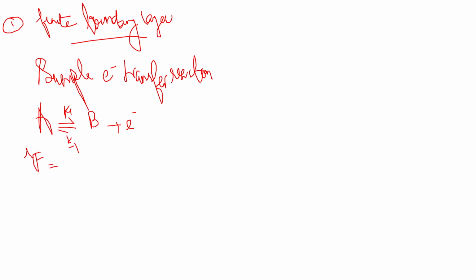So iF equals F times k1 CA at x equal to 0 minus k minus 1 CB at x equal to 0.